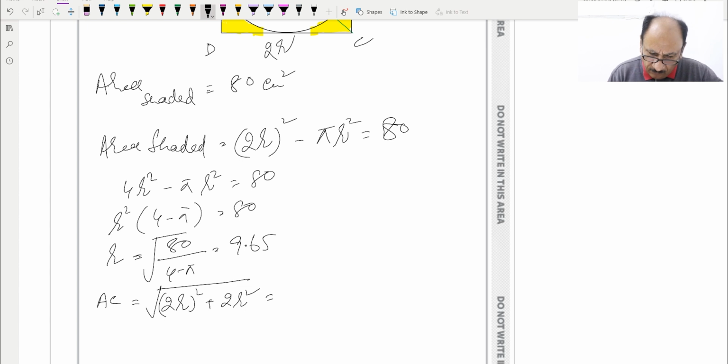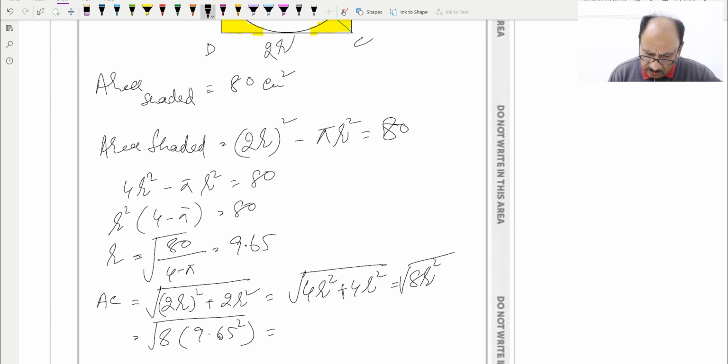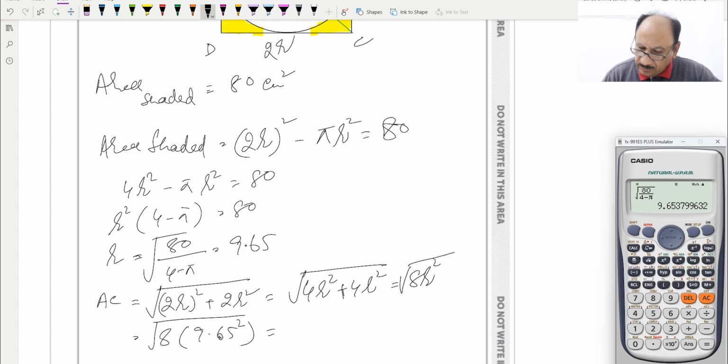This will be 4r square plus 4r square under root, which is 8r square under root, and we can write 8 into 9.65 square under root, and this is equal to 27.30.